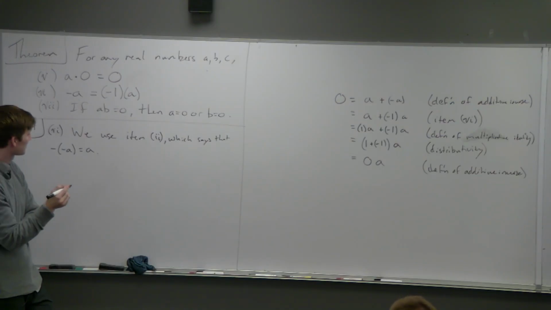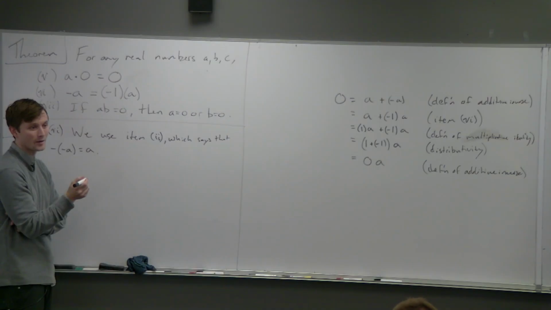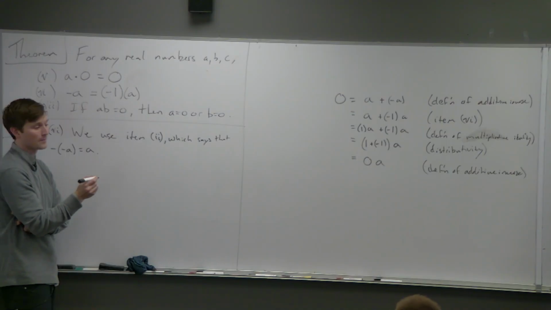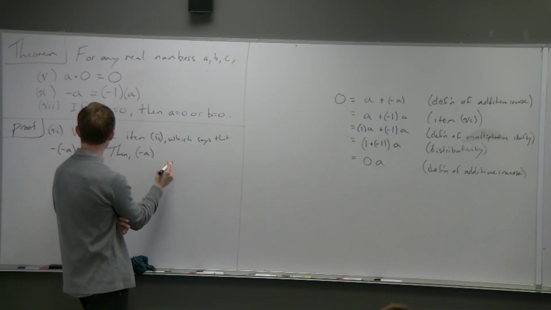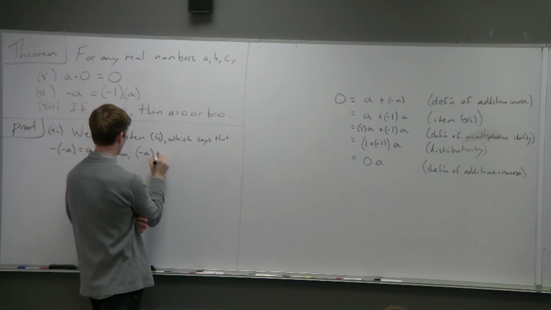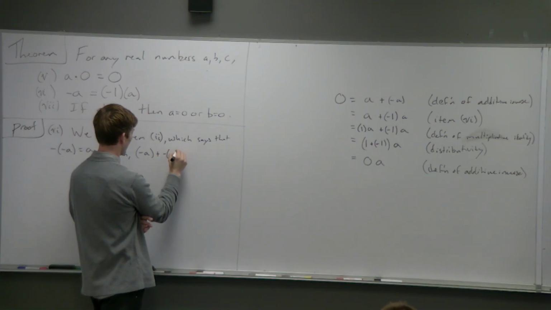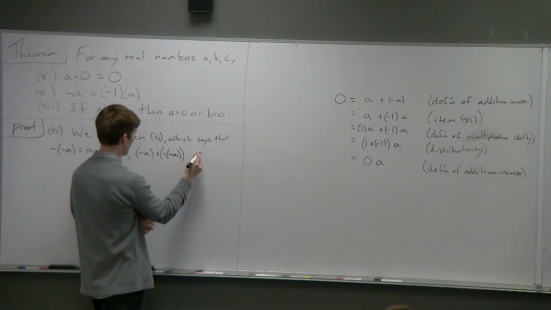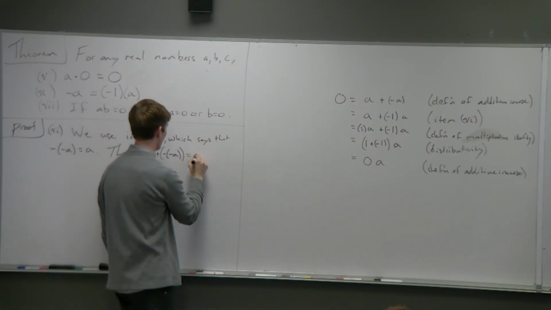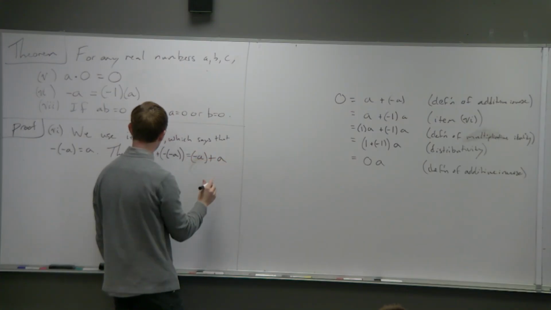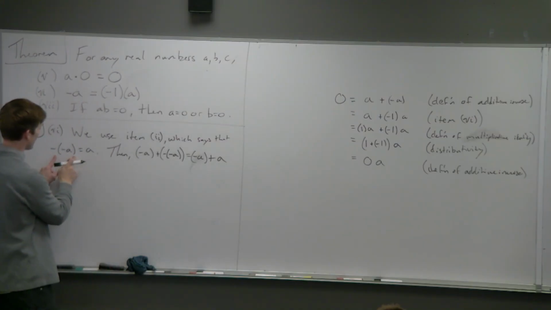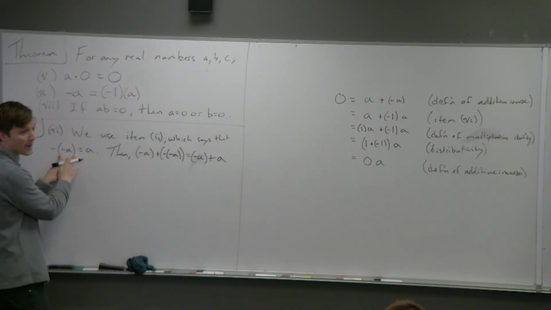Let's see if we can. Some people are saying no. What if we add minus a to both sides? Minus a, this is the thing that you add to minus a to get 0, right?